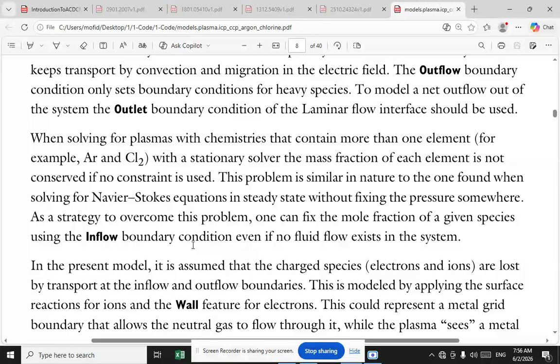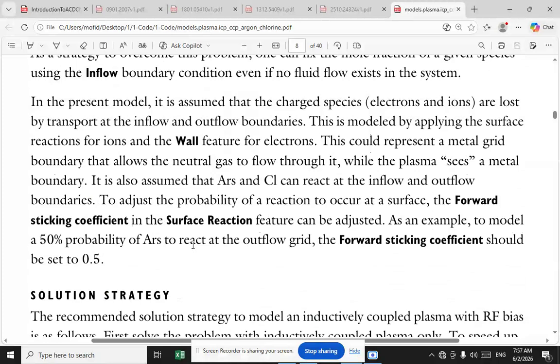The mass fraction of each element is not conserved if no constraint is used. This problem is similar in nature to the one found when solving the Navier-Stokes equations in a steady state without fixing the pressure somewhere. As a strategy to overcome these problems, one can fix the mole fraction of a given species using the inflow boundary condition even if no fluid flow exists in the system.